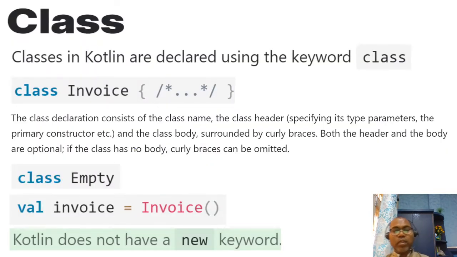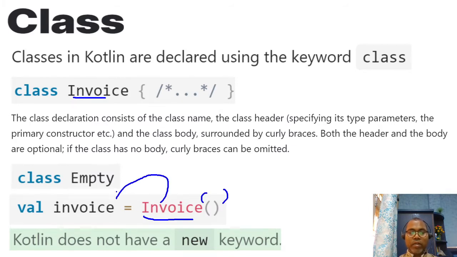Generally, as in other programming languages, if your class name is Invoice and you want to create the object, you just write the class name and parentheses, and now you have assigned the created object to the reference variable. And no, Kotlin does not have any new keyword.